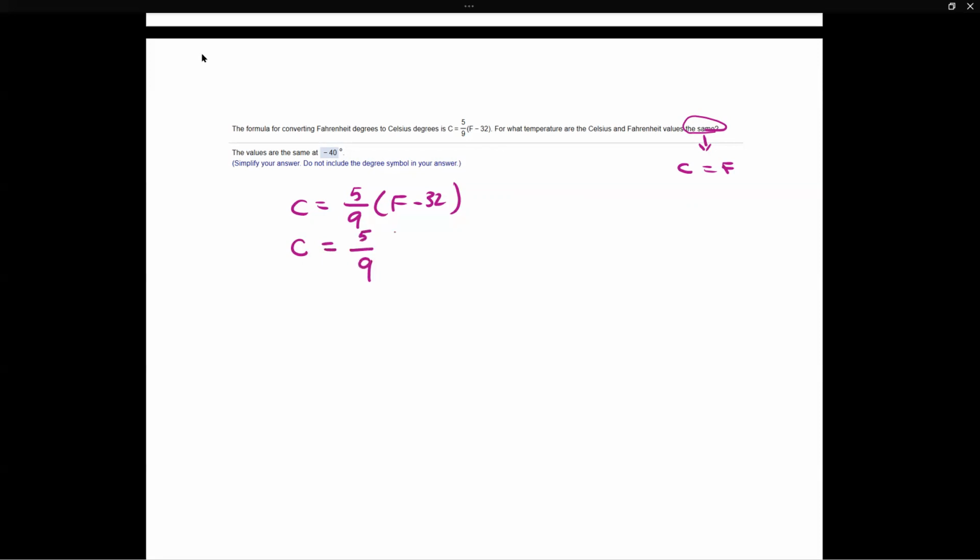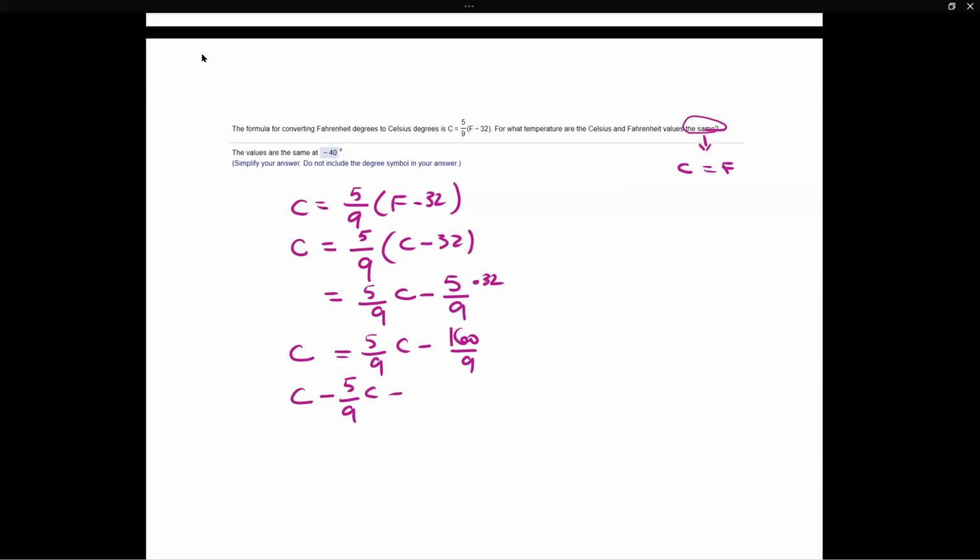So let's say we put C here and see what happens, right? So C equals 5/9 times (C minus 32). Okay. And that's 5/9 C minus 160/9. And we need to subtract, and that's 9/9.